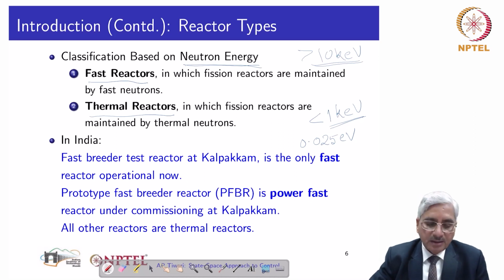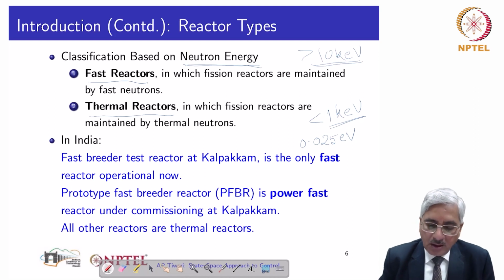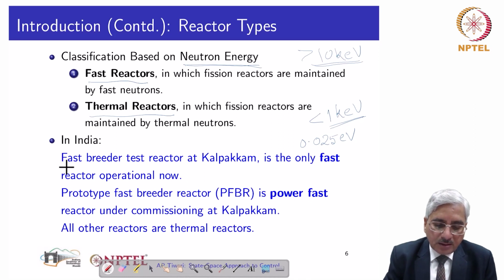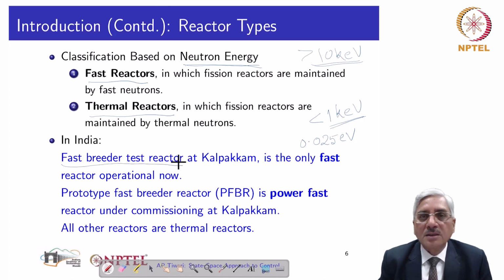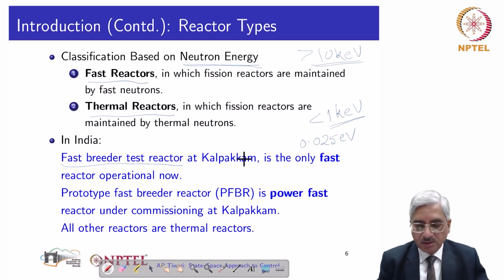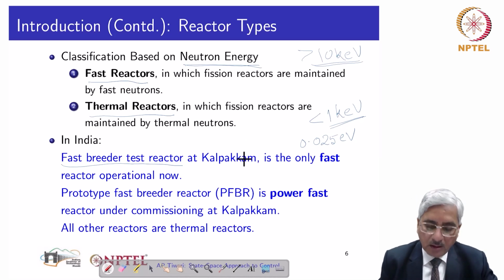In India, there is only one operating fast reactor, which is the fast breeder test reactor at Indira Gandhi Center for Atomic Research, as I told just a while ago.